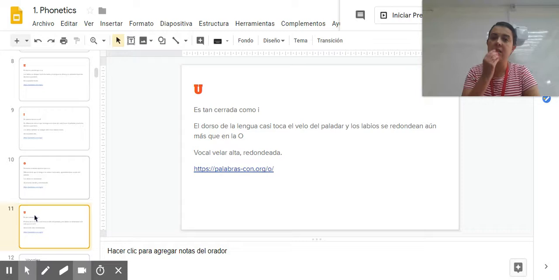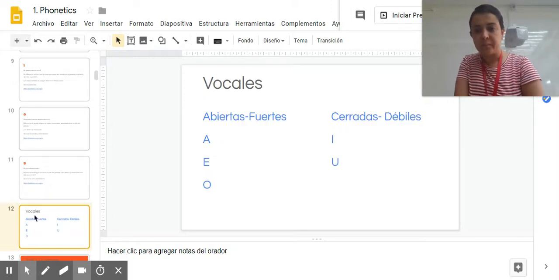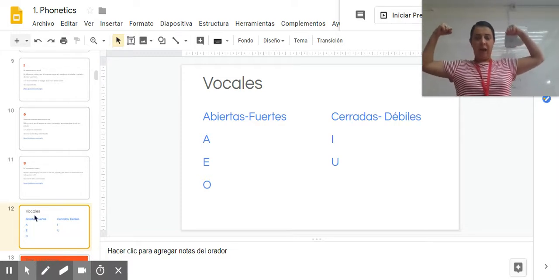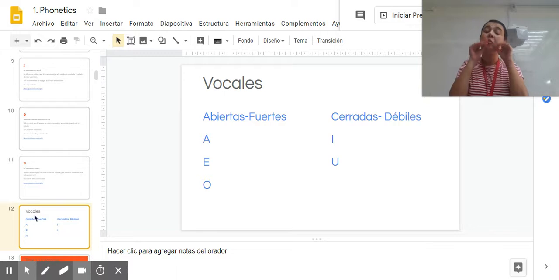And it's just as close as you would do the E. If you do what we were saying at the beginning, A, E, O, E, U, you will see that what changes is just the position of your lips. So we have strong vowels and weak vowels. The strong ones are A, O, and the weak ones are E, U, because you don't open your mouth.